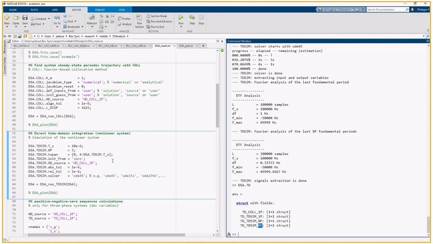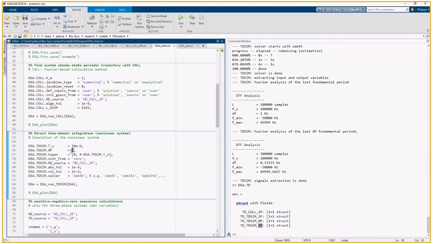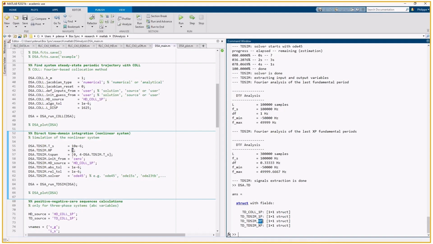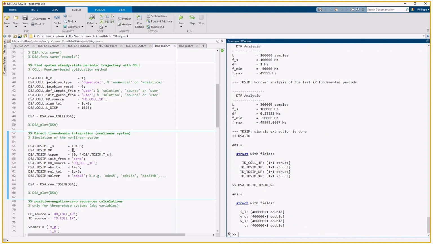So in this particular example, 3 fundamental periods, and also NP. Here it's actually covering the complete time span. If we have a look at this particular structure, we see that we have again a time vector and the vectors describing the time domain waveform of our 3 state and input variables.